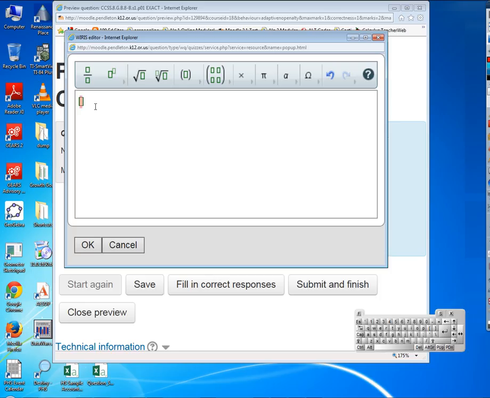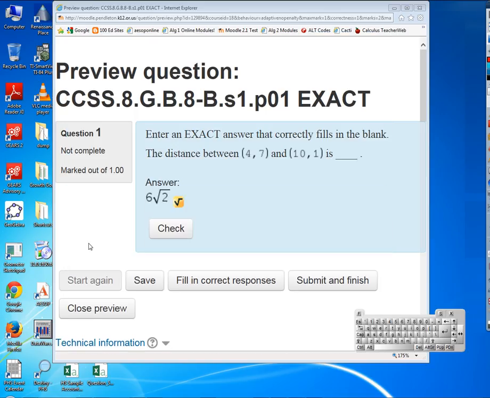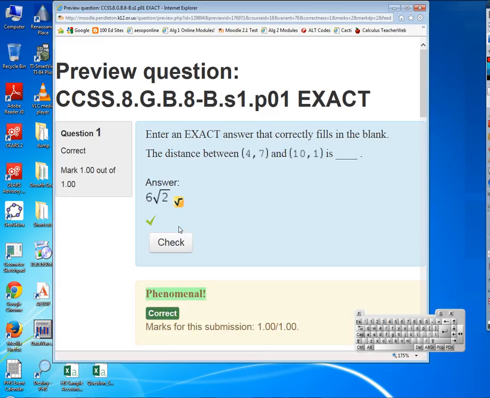There we go. So it was, what was it, 6 radical 2? So 6 square root 2. Okay, looks good. Check it. We got it. Okay, makes sense? All right.